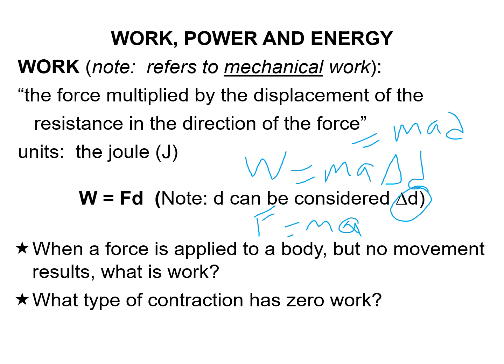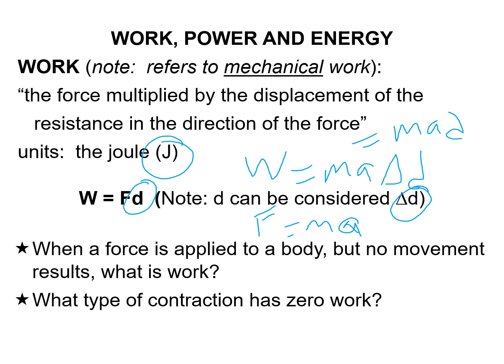Mass times acceleration times the change in displacement, measured in joules. When a force is applied to a body but no movement results, what is the work? Well, no movement results. There's no displacement. If you multiply anything by 0, you get a product of 0. So there is 0 work, 0 joules.